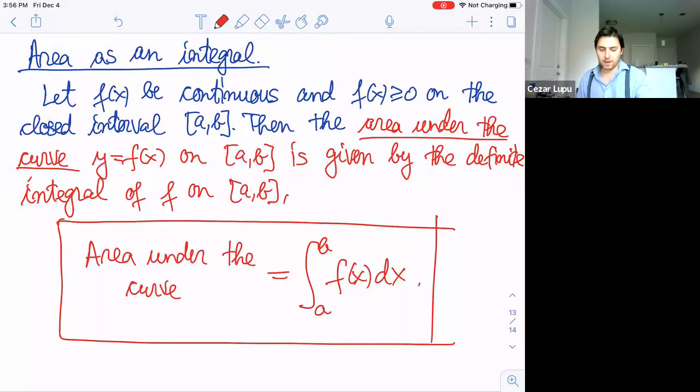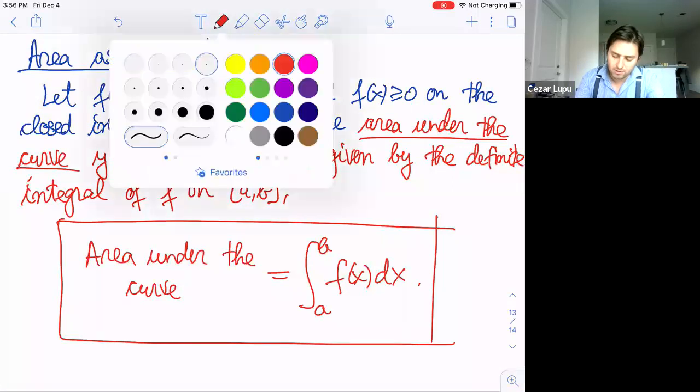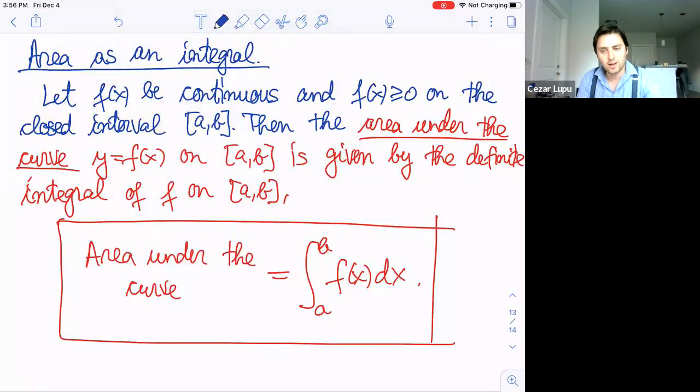Okay, and now in the remaining time, I'd like to evaluate an integral, and I'm going to evaluate this the hard way, but I'm just going to do this once because I like to use the Riemann sums, and I want you to see how we use the definition of definite integrals to evaluate an integral. But you don't have to do this.